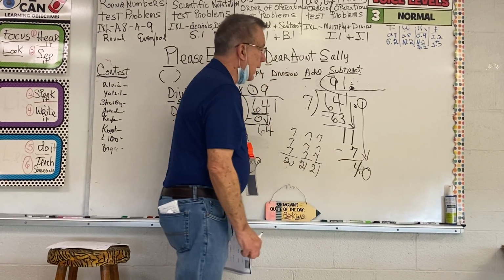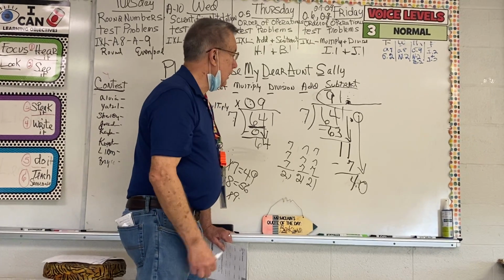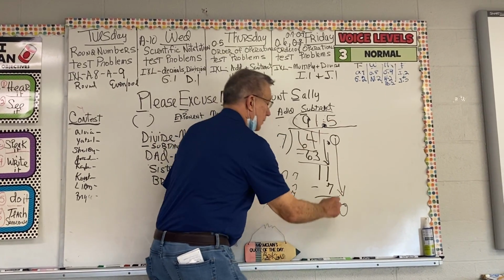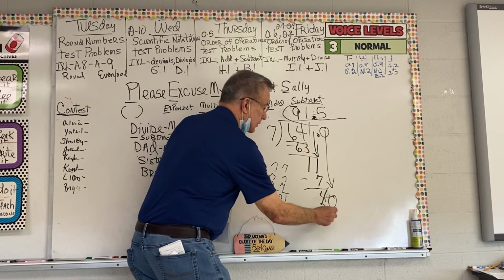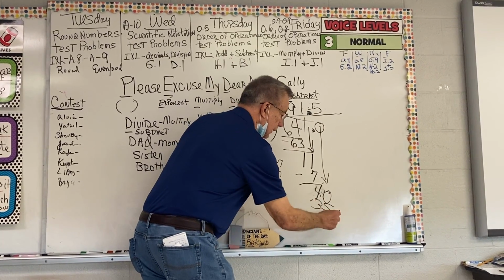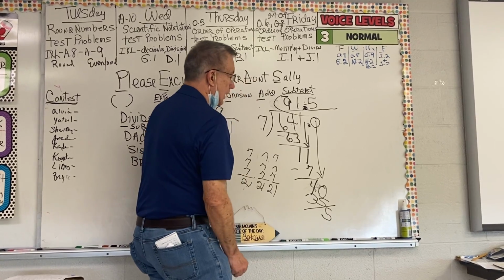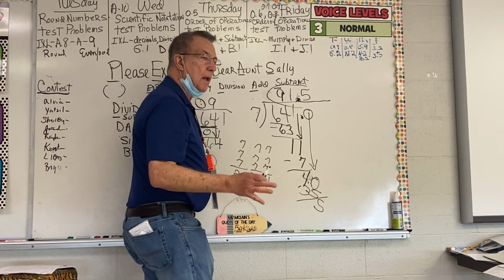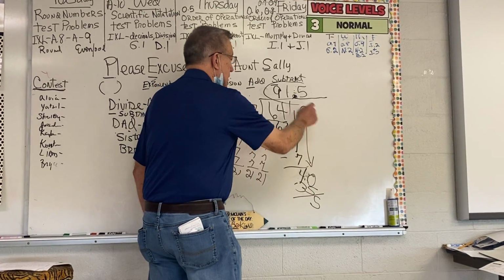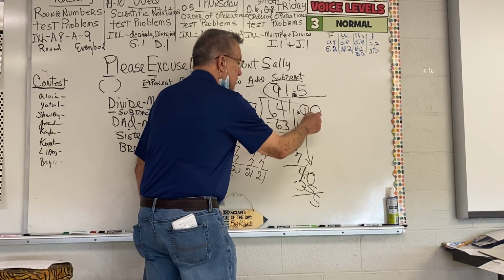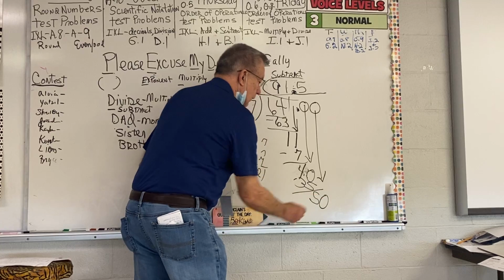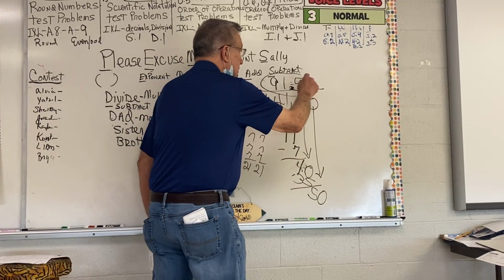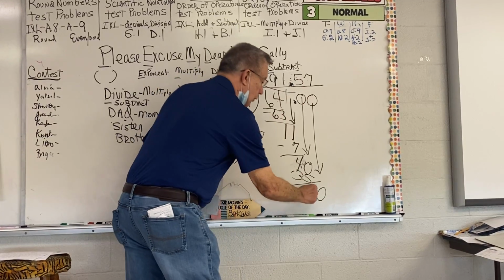So now when you divide 7 into 40, you get 5. Okay, so you'd write that 5 here. 5 times 7 is 35. Subtract, get a 5. Sometimes it comes out exactly right that you can end right there, but in this case, 7 won't go into 5, so we add another 0 and bring it down. Okay, and so 7 goes into 50 7 times, 7 times 7 is 49.